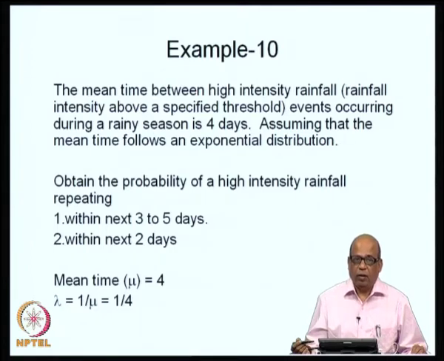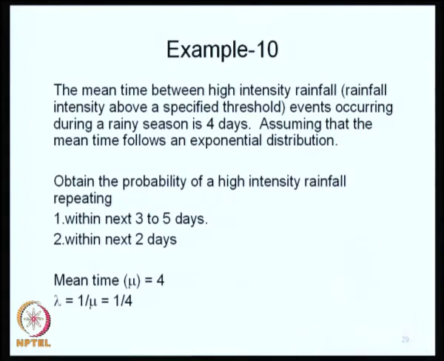Or for design purposes, we may be interested in 9 centimeters per hour in certain situations, where we are talking about very short durations of 15 minutes and so on. So, we are interested in very high intensities of rainfall and the time duration between such events.